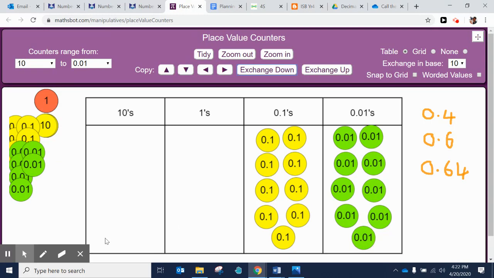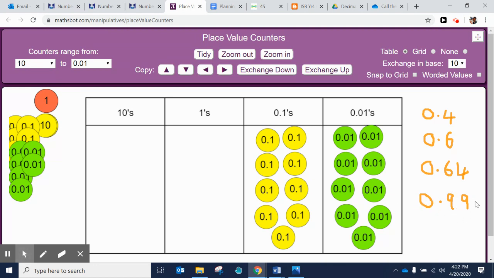How would I say this number? I've got no whole ones still. I've got 9 tenths and I've got 9 hundredths, 0.99. So here's a question for you. What would happen now if I added 1 more hundredth?